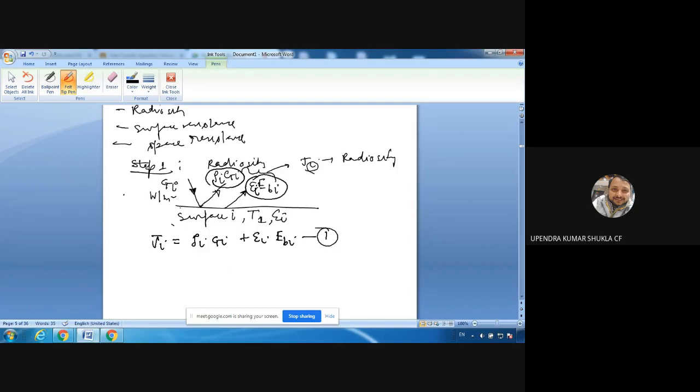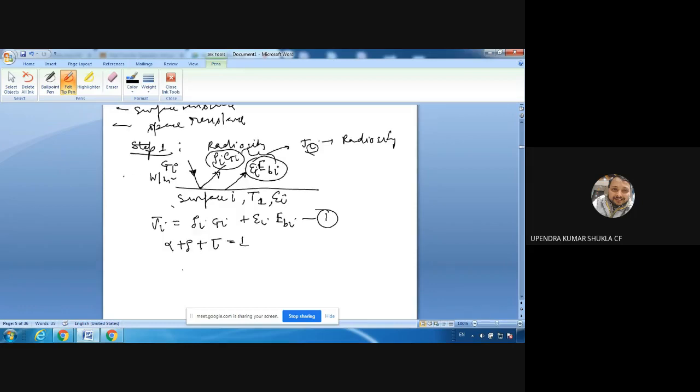Suppose we are taking this surface as opaque, meaning no transmission is happening. Then you know that absorptivity alpha plus reflectivity rho plus transmittivity tau will sum up to 1, because these are the fractions of incident radiation that is absorbed, reflected and transmitted.